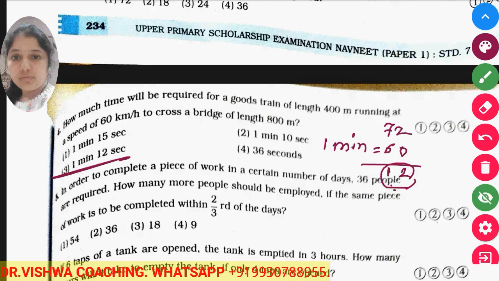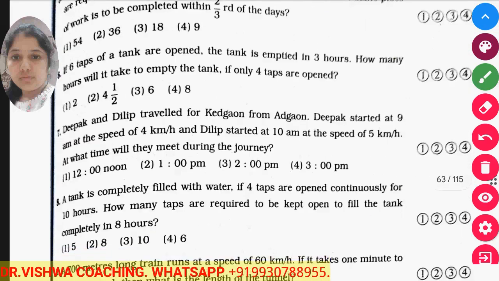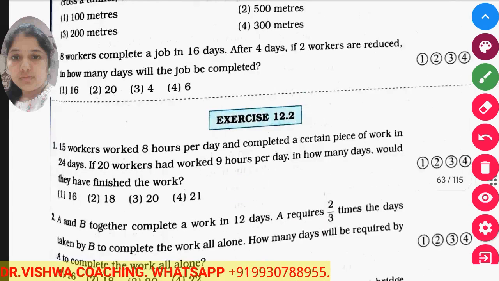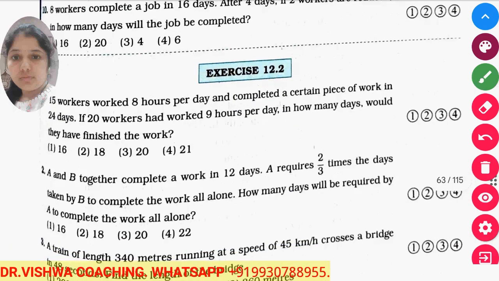Okay, understood? I hope you understood. Now you try the remaining sums, and I will take the second practice exercise.